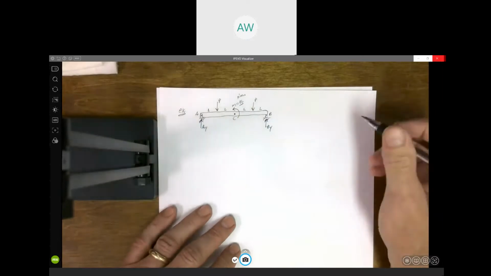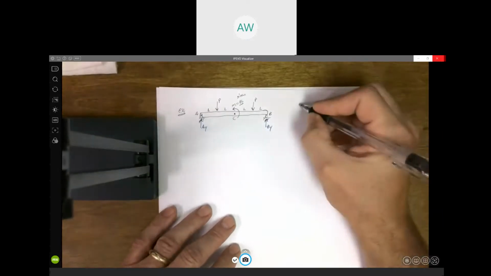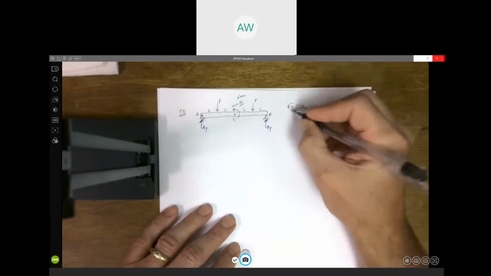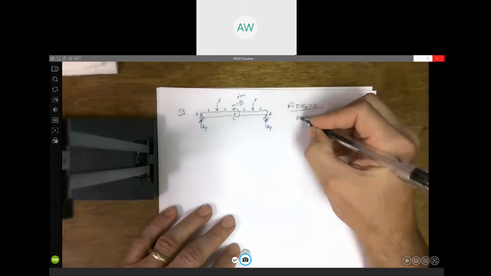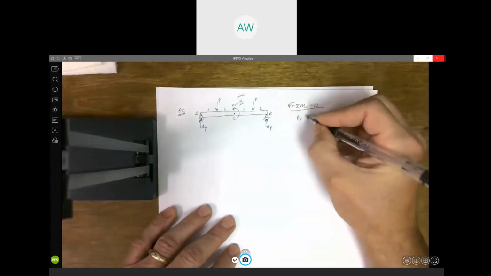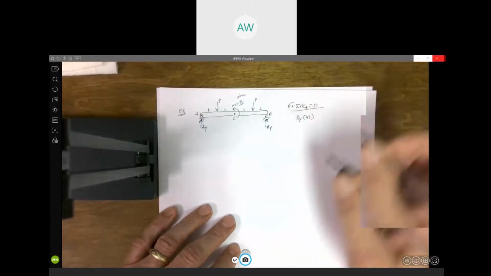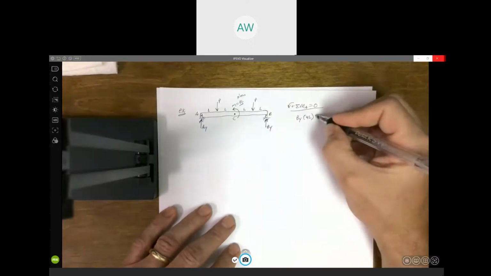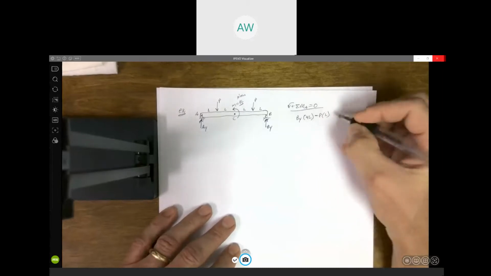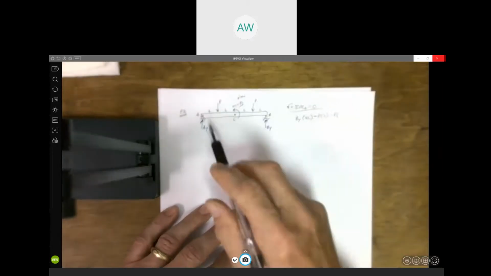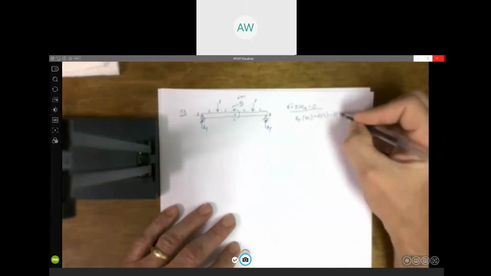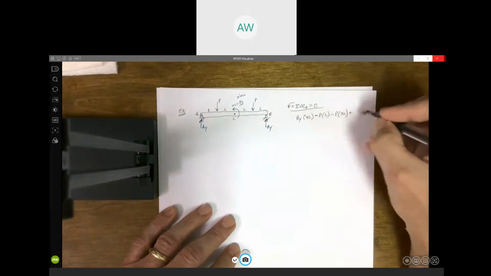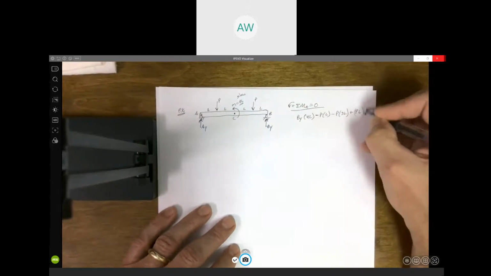It doesn't matter which one we do first. I'll sum the moments about A, and we'll calculate what BY is. So we got BY times 1, 2, 3, 4 L's. And then we got these two forces P causing clockwise moment. So minus P times L minus P times 1, 2, 3 L. And then our moment is counterclockwise, so plus PL.